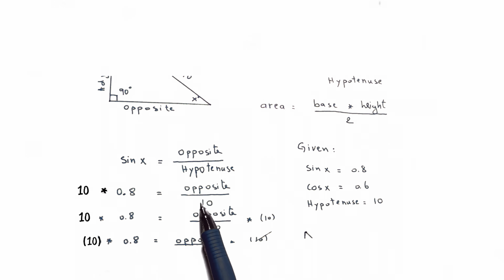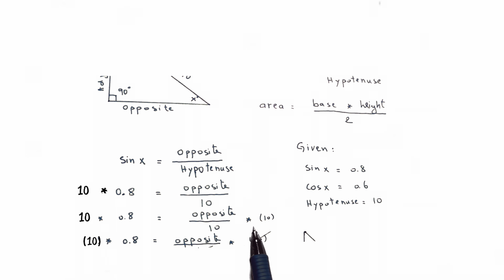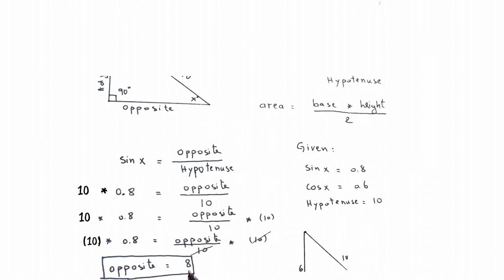And from this formula, to get rid of the 10, I have to multiply both sides by 10, and that's what I did here. After multiplying, I have 10 divided by 10, so I cross those 10s. Then I end up with 10 times 0.8, which is the opposite. So the opposite is 0.8 times 10, which is 8.